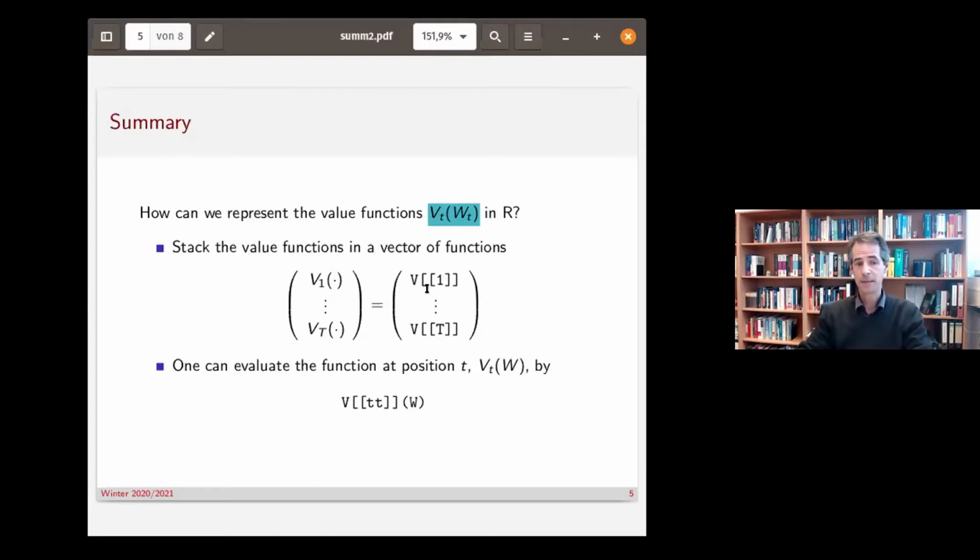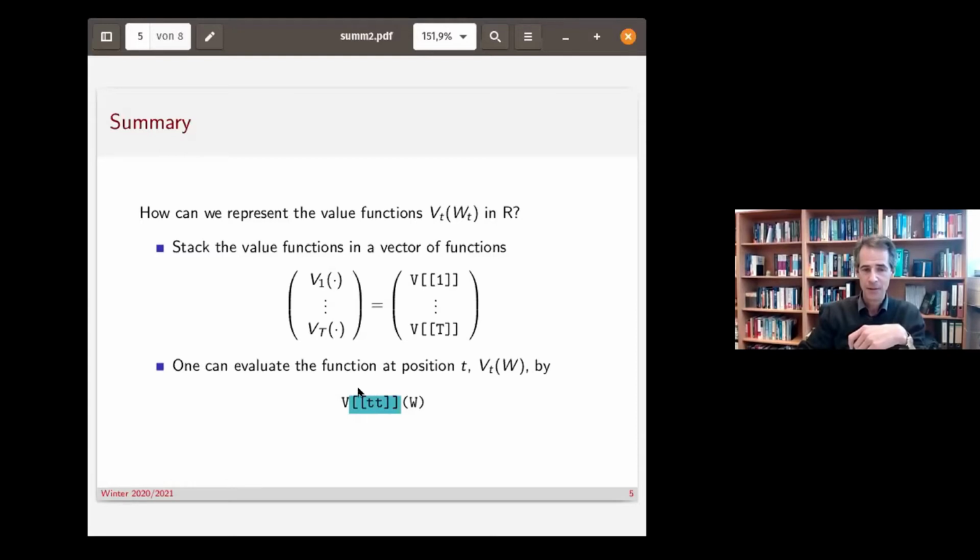And then once we have these value functions, which as yet we don't, we can evaluate the function at position t, so the value function of period t for n, by simply typing this. This means use the object v, which is the vector of functions, and just use the tth element, which is the value function of period t, or double t.